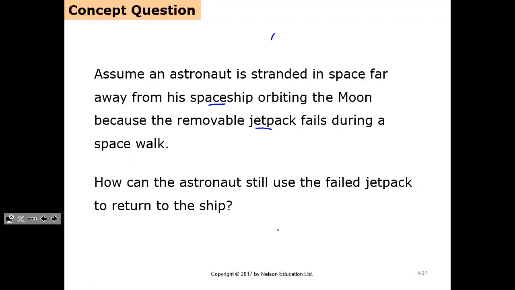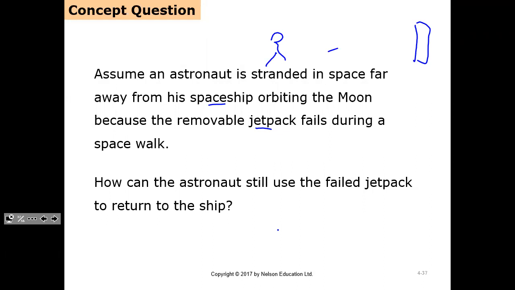So let's say this is the astronaut and this is a space station. He cannot go back because the jetpack works like a rocket: you push the gas in one direction, and the gas pushes the astronaut in the other direction. That is what happens when you use the jetpack.